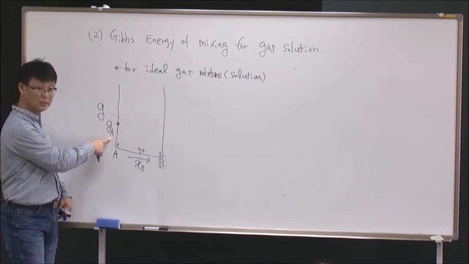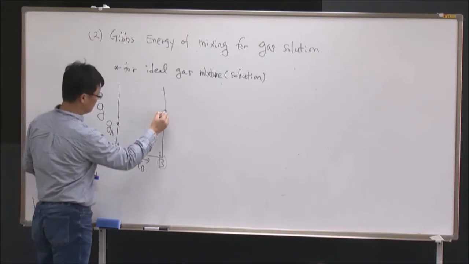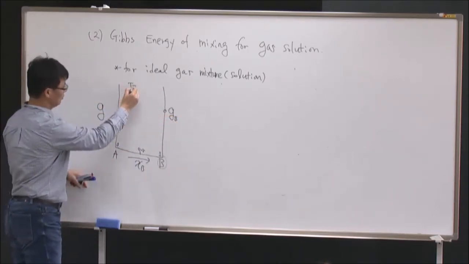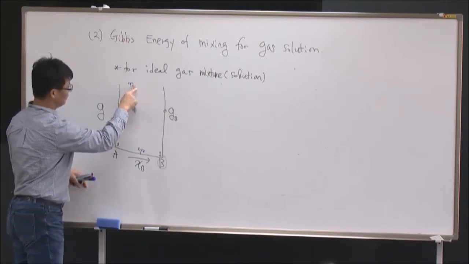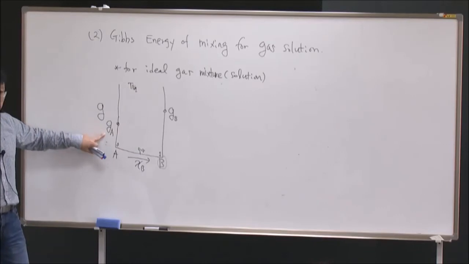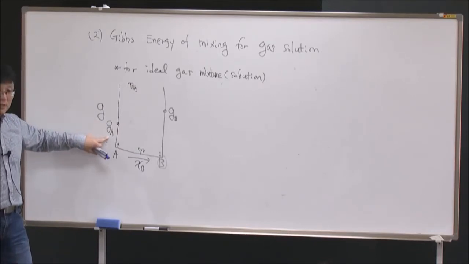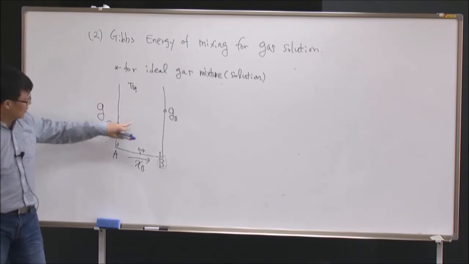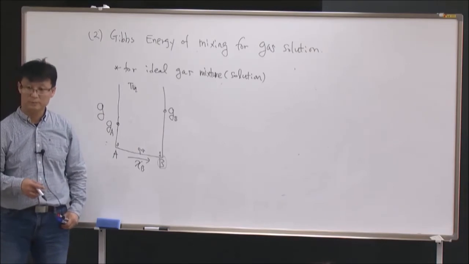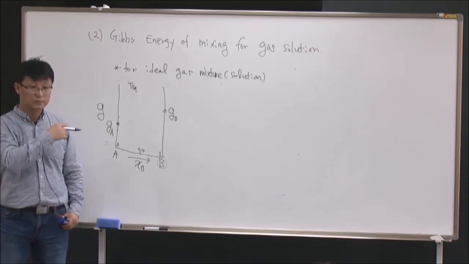So we have the Gibbs energy of A and the Gibbs energy of B at a given temperature, T equal to a certain temperature, T1, whatever. At the given temperature and pressure, the Gibbs energy of pure A is defined at a certain position here, and the Gibbs energy of B can be defined at a certain position. Is it okay? You good?